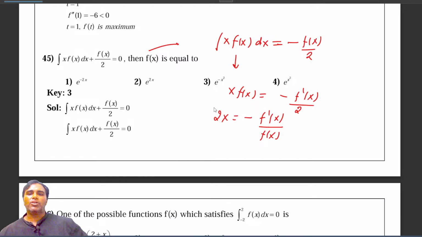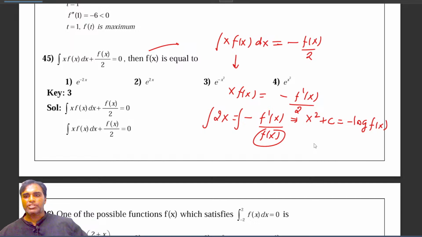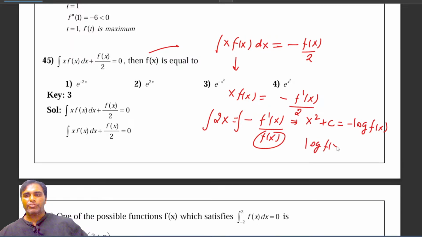Clear? Now let's integrate here. So the integration of x is x square by 2 plus c, and this will be minus. If I put this as t, this will get cancelled. So 1 by t is log t, so log f(x). So what is the log f(x) value? We are getting minus of x square plus c.